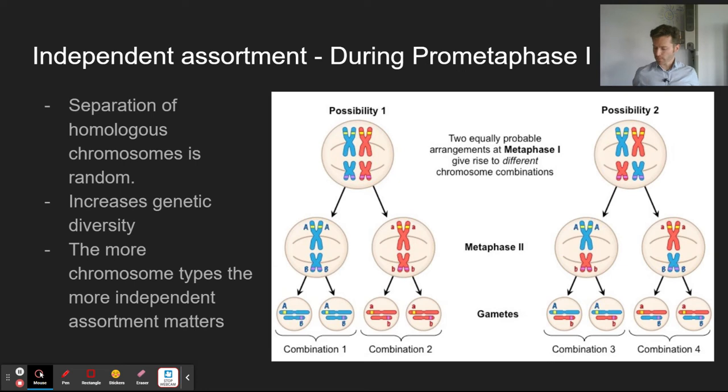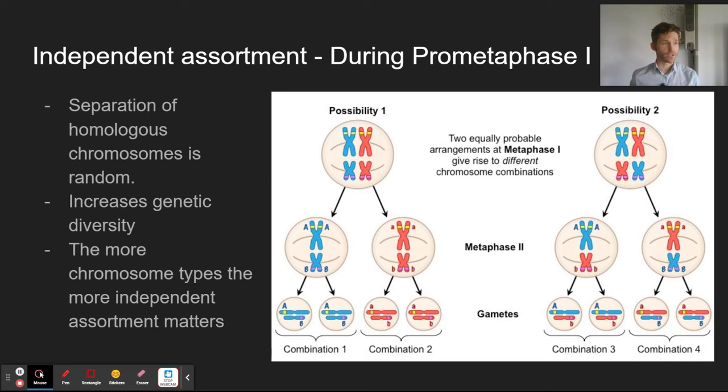Okay. So a very important principle of meiosis in the way that it separates the genetic information is the concept of independent assortment. The whole point of doing sexual reproduction, because it takes a lot of work, right? It's very energy inefficient. You got to find partners. You got to do the whole mating stuff, right?